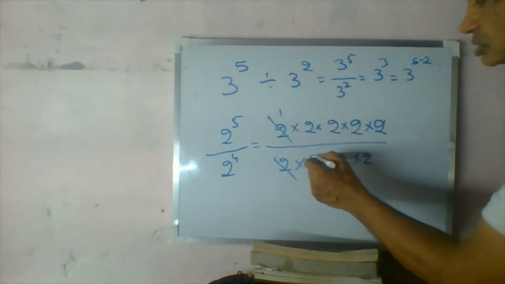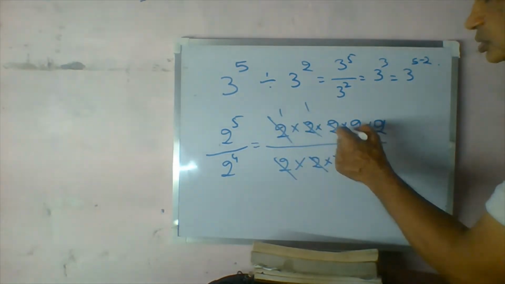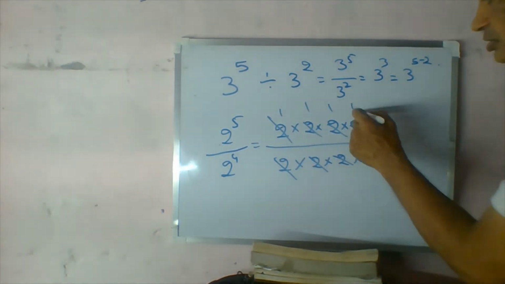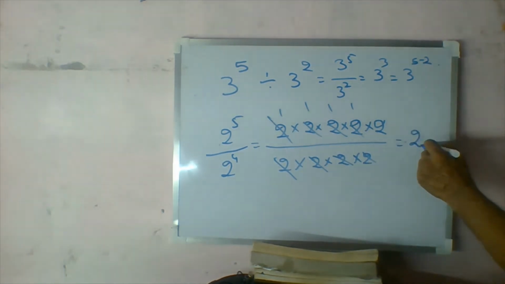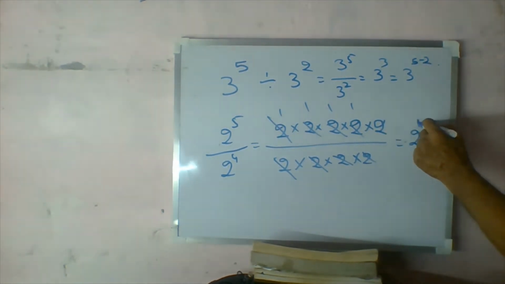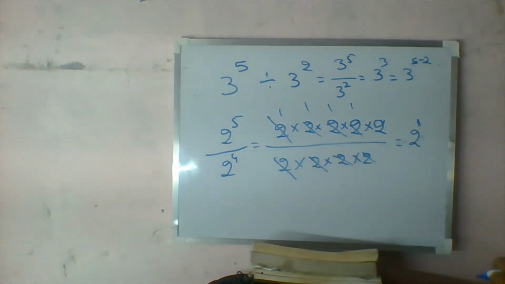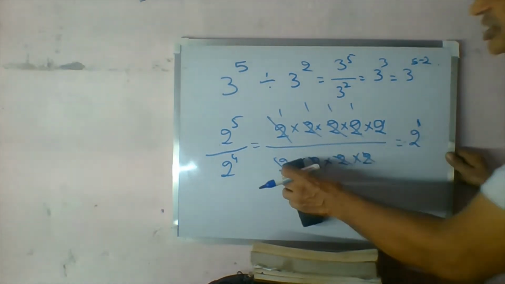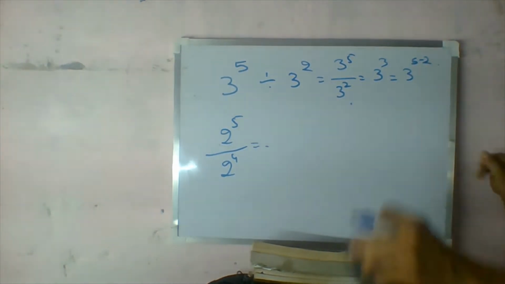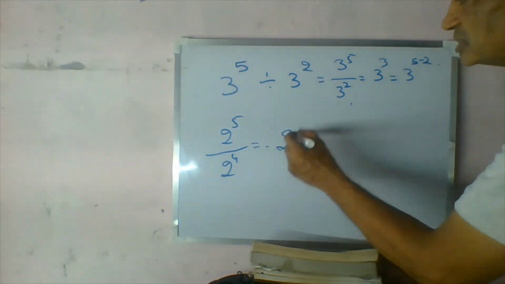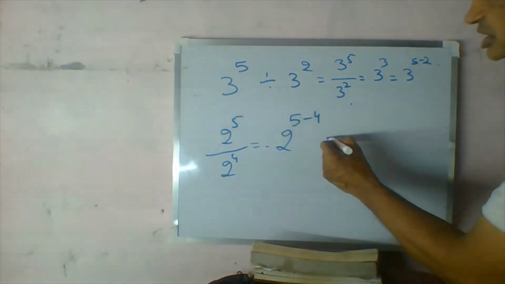One 2 cancels one 2, four times. What we are left with is 2, and this we can write as 2 raised to power 1. Now again that means in this case also, powers have got subtracted.